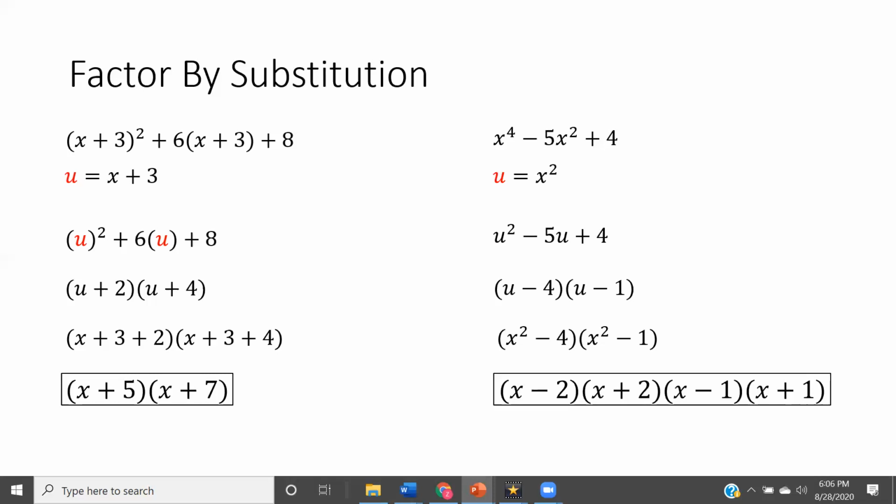It's generally going to be either x plus something or x minus something, and that's what your u is going to be, or u is x squared. So that's all you really need to feel comfortable with for the test. I do recall there is a question on the worksheet that's a little more challenging, but in general, these are the only forms that you are going to see.